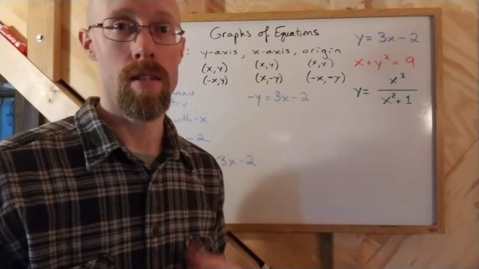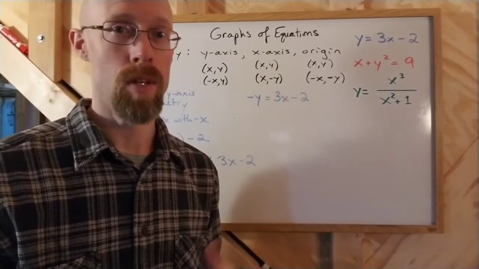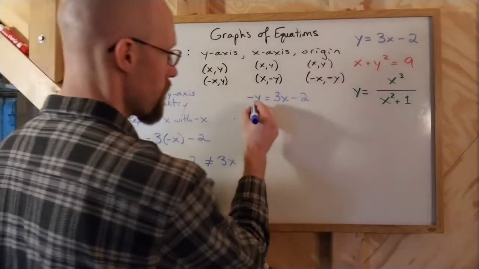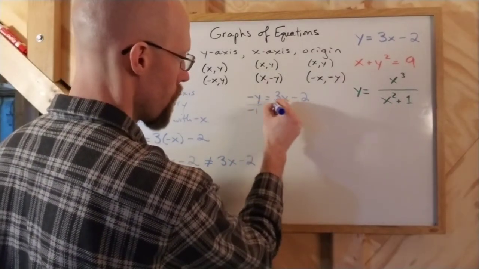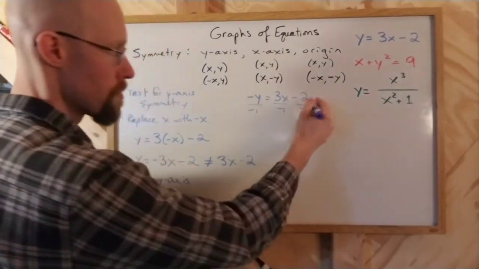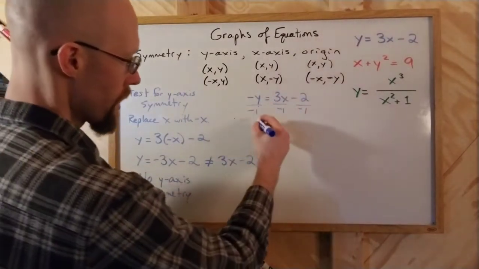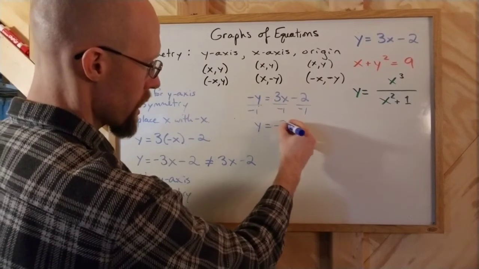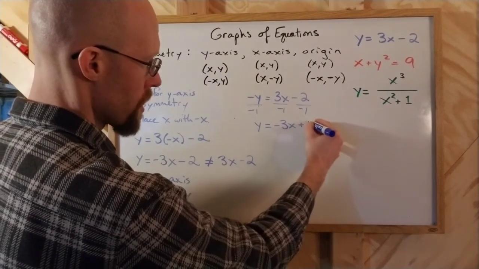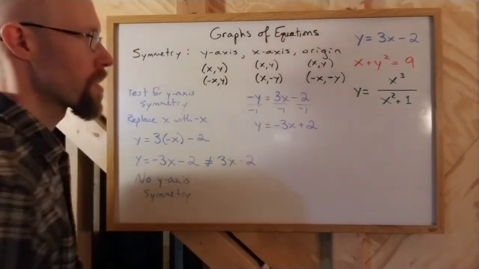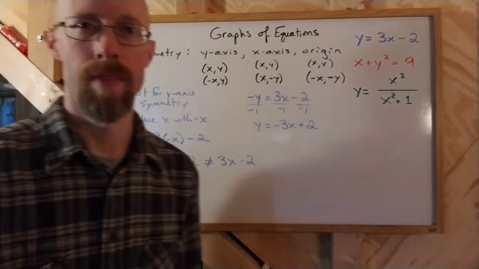If it doesn't stay the same, then we don't. So here I would divide both sides by negative 1, which distributes to both terms on the right. And I end up with y equals negative 3x plus 2.